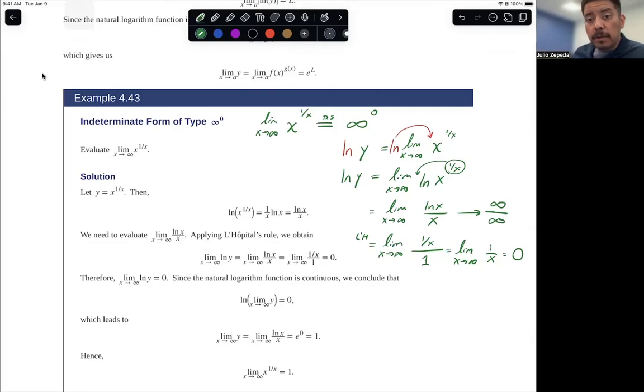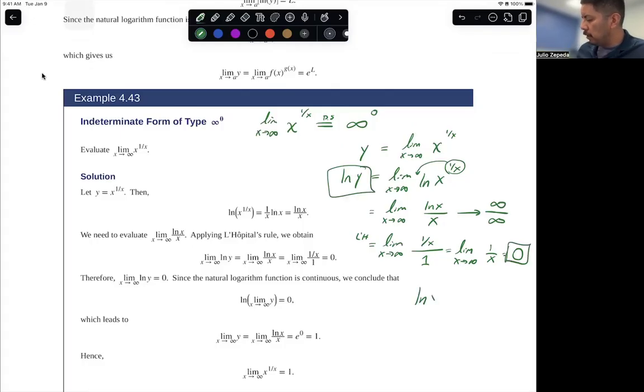The answer is no, because remember a moment ago that we said, before we took the natural log, we set y equal to our limit. And so we want to find the value of y. But right now we have that the natural log of y is equal to 0.